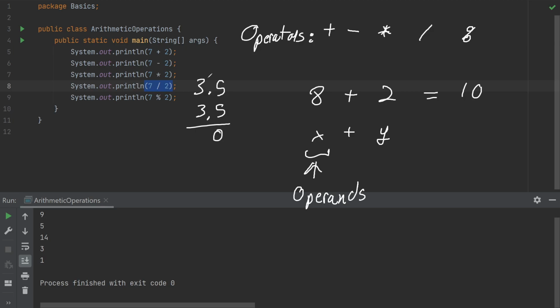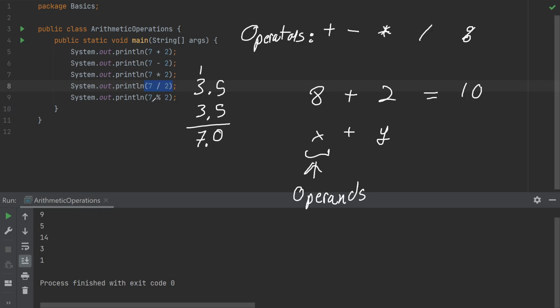But in this case, it gave you a 3, right? And that's problematic. We're going to come and talk about this in a second.